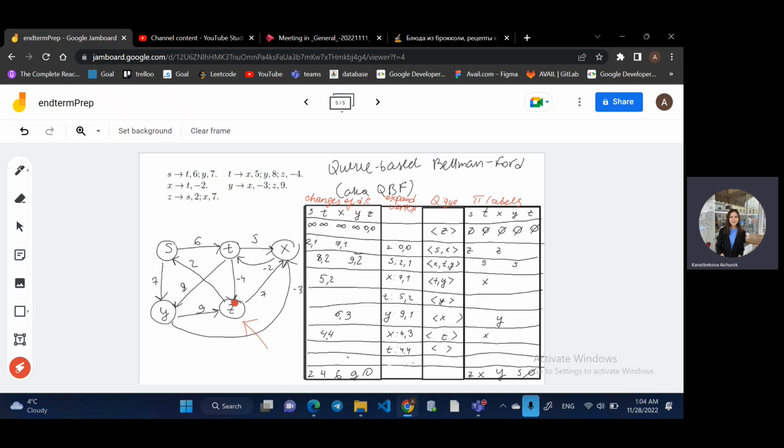Why? Because we go here 1, and from X to T, it's going to be the second edge. That's why it's 2. And we update the parent of T to X.